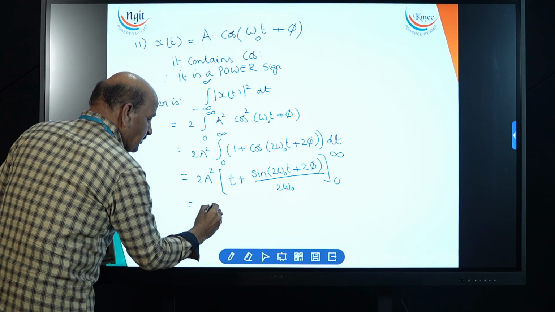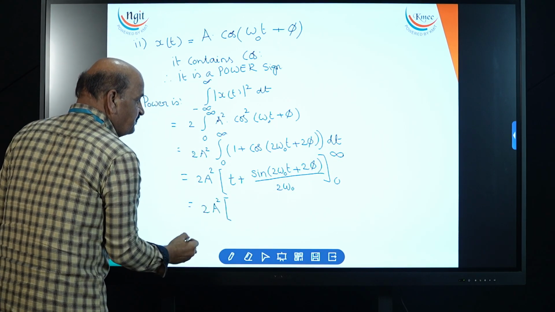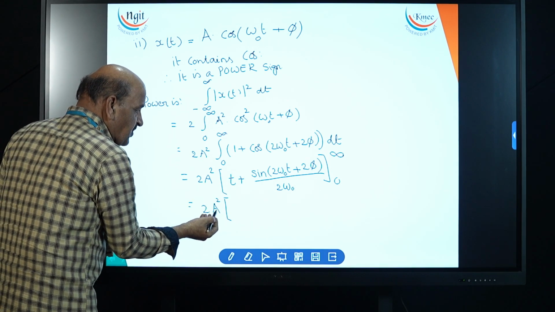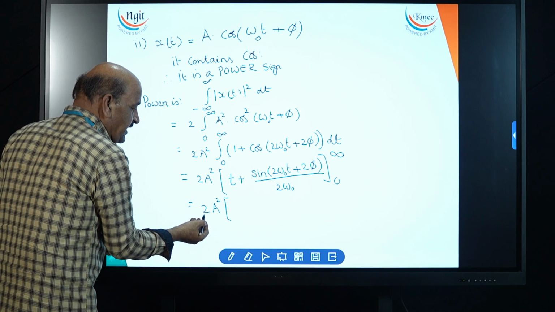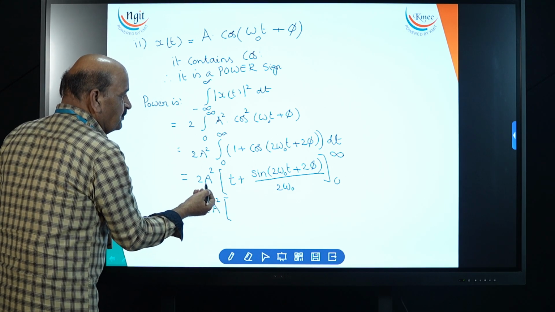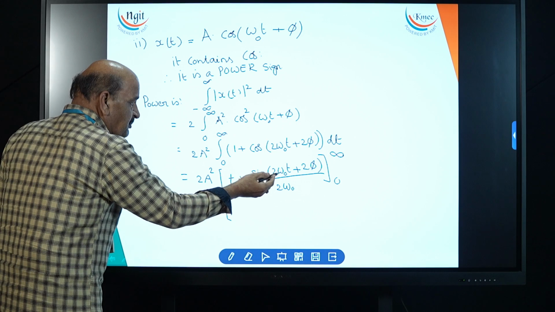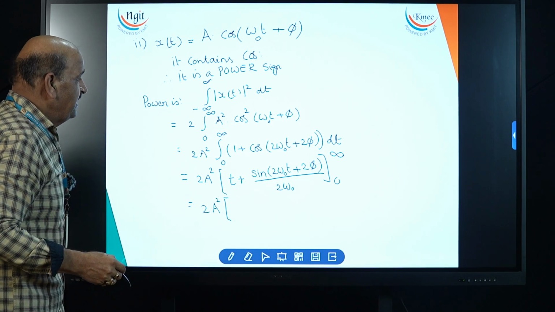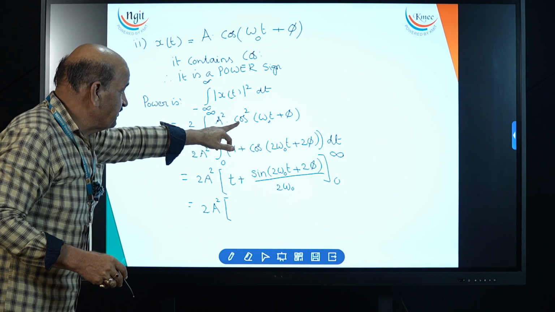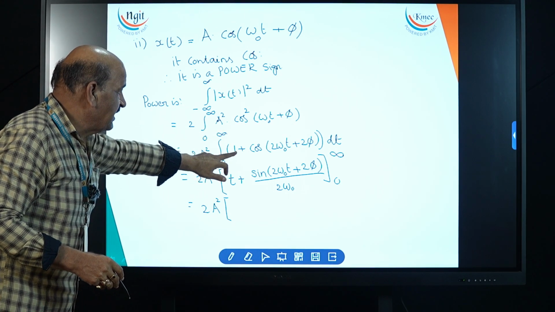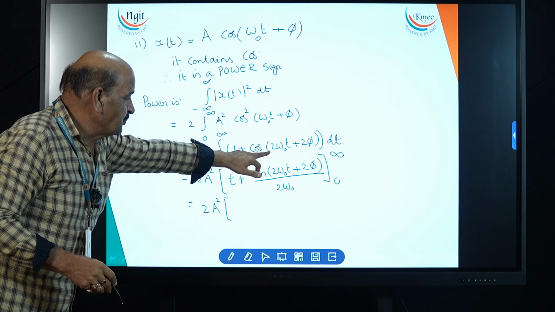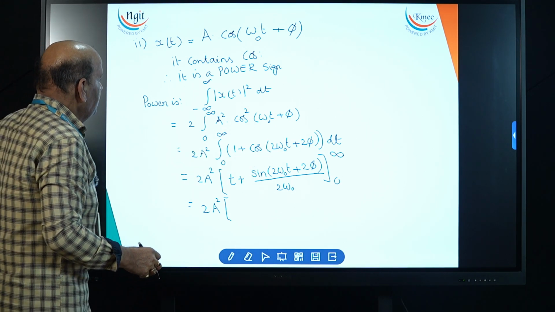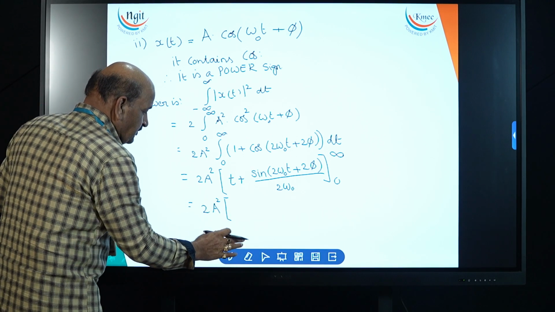So this is equal to 2A square times, when you substitute all these values, what do we get? The entire value should be between the sine values. Now here again, just look at, here it is cos square. Cos square will become 1 plus 2 omega naught t. Here is one more point. Now just look at, no, this is not like that.